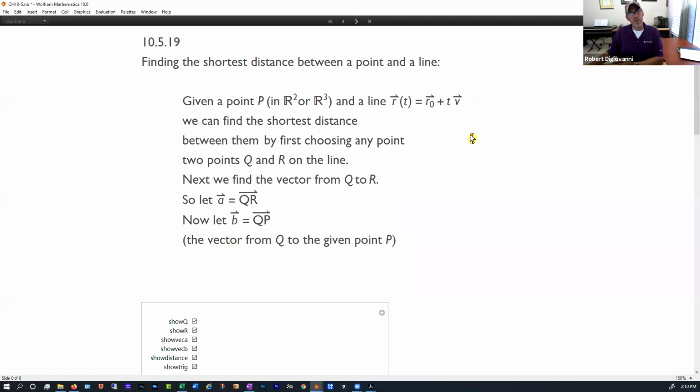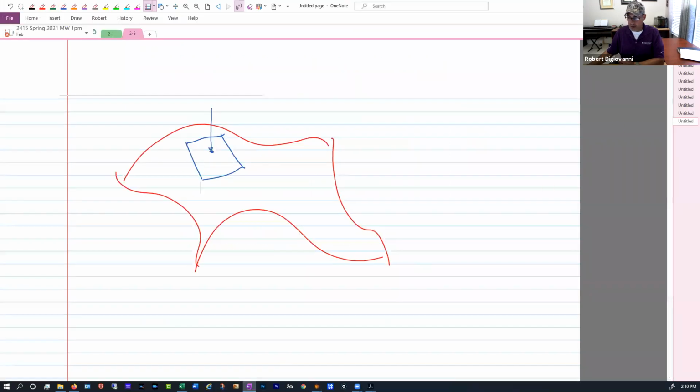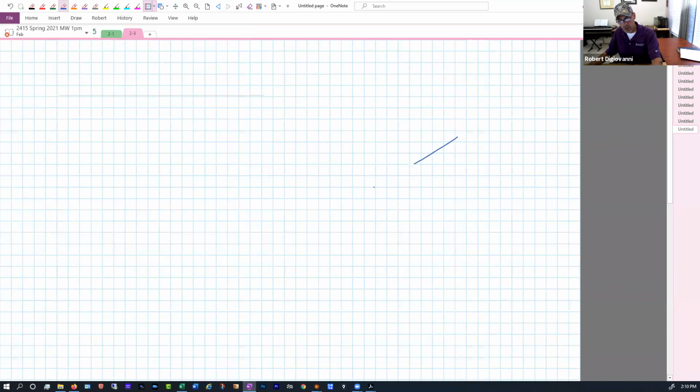Easier in two-dimensional space, not so bad, right? If you think about it, if we are on a flat sheet of paper and I draw you a line and I draw you a point somewhere, you should be able to find me this distance because you could probably do some geometry here, right?